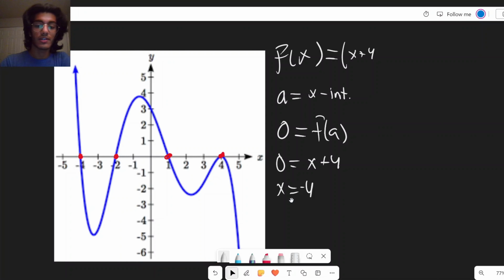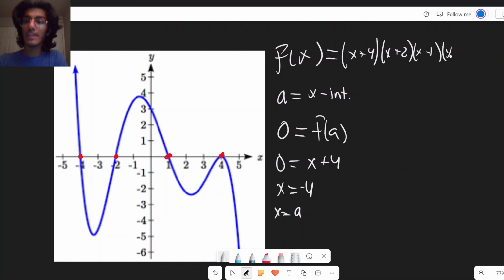And remember, x in this case equals a, because that's the input value. So going on, I can do this again: x plus 2, x minus 1, and x minus 4. It's negative because if I put this equal to 0, then we add 1 to both sides to get x equals +1.